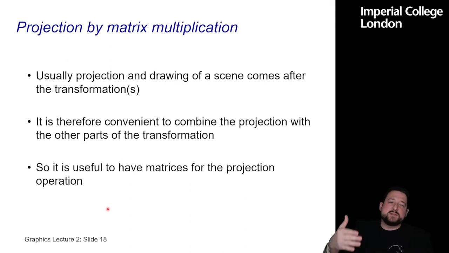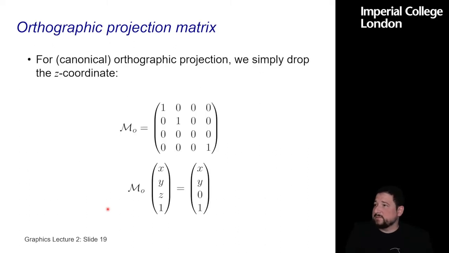My view plane is always fixed and in a parallel setup to one of the planes. So it is therefore convenient to combine the projection with the other transformations. If I only want to do all of that just once, I do that multiplication once and then apply this combined matrix to all of my vertices, just to save space.